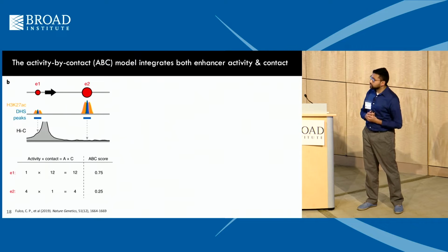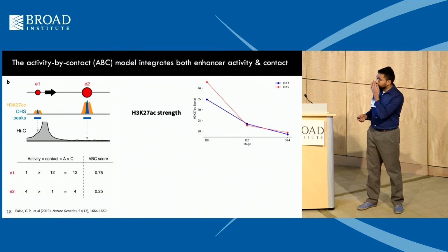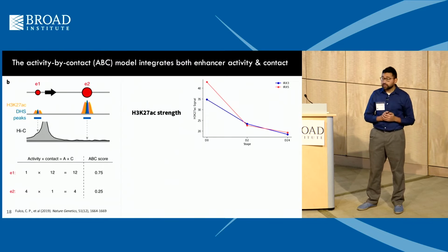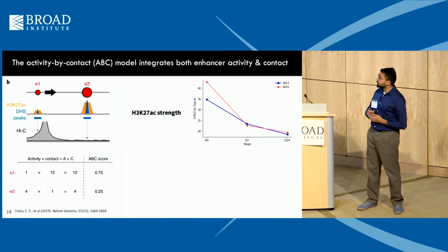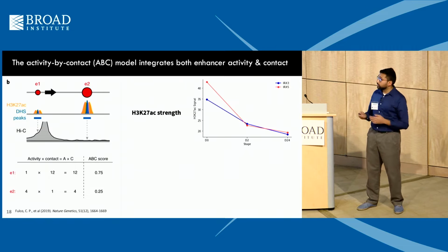And it allows you to begin to approximate how changes in activity or changes in contact intensity may relate to changes in gene expression. And so using this approach, we first figured out what the H3K27 acetylation signature looked like across the transition at these sites. And as you can see, it monotonically decreases for both IRX3 and IRX5.